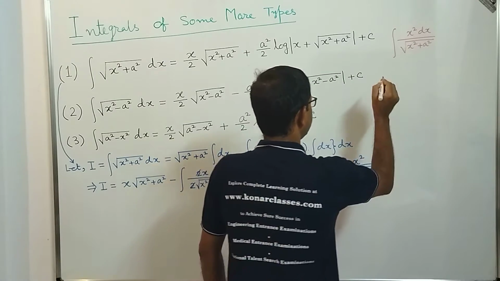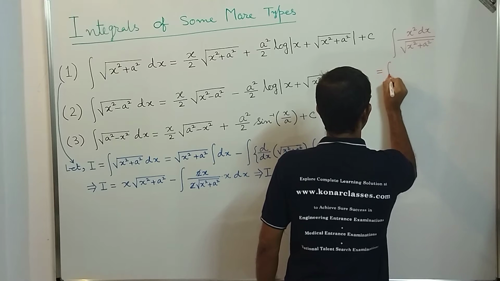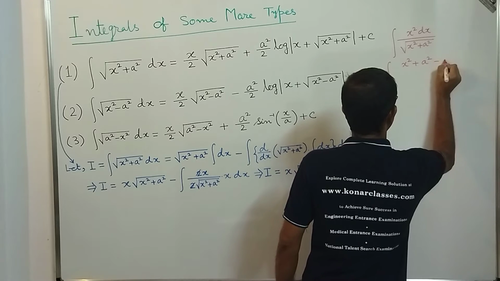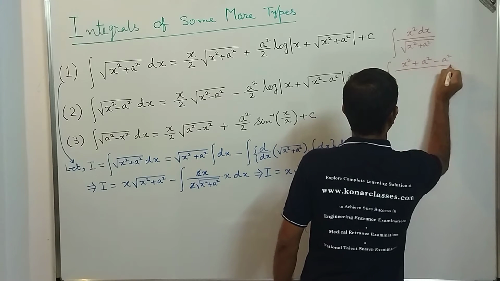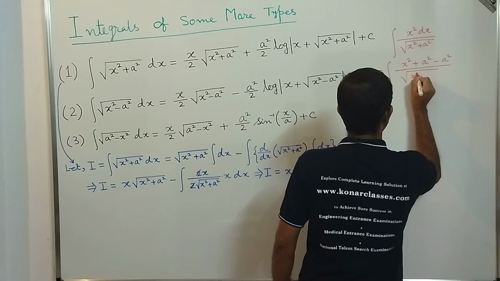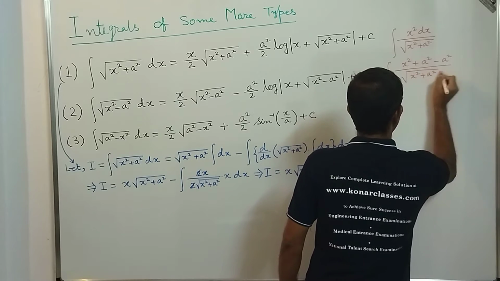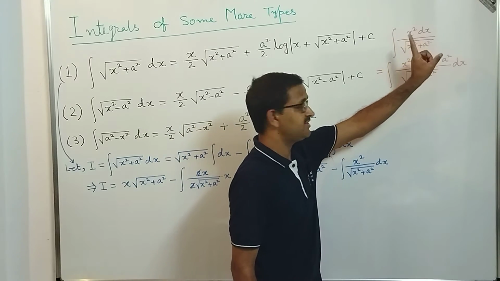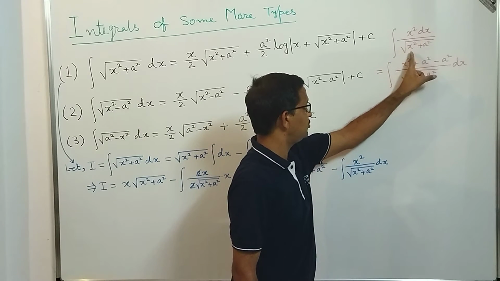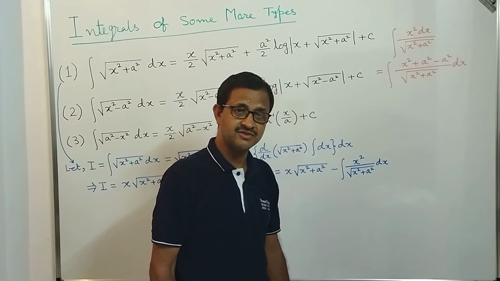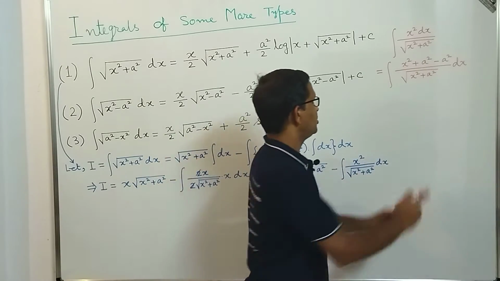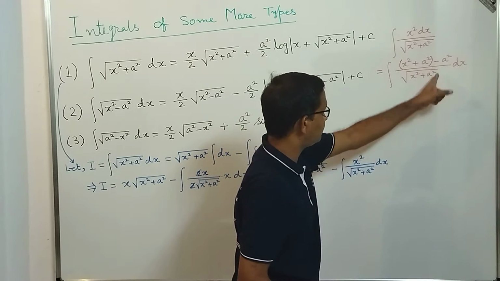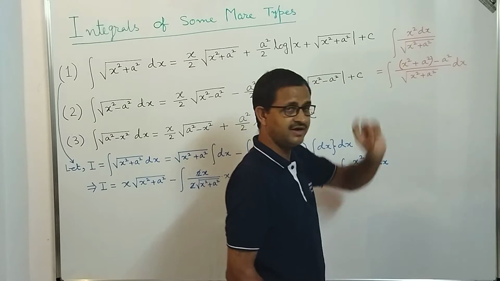We can write this as the integration of x square plus a square minus a square, divided by square root of x square plus a square dx. In the numerator we see x square, and as the denominator has square root of x square plus a square, we first wrote x square plus a square in the numerator and subtracted one a square so that it finally becomes x square.